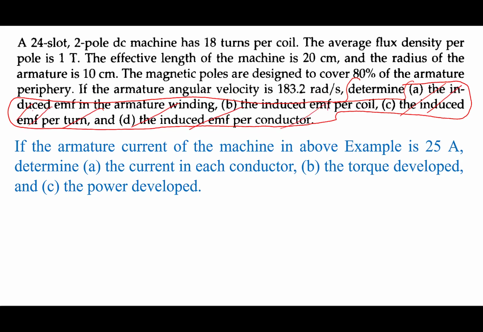Just do the blue color part: if the armature current of the machine in the above example is 25 ampere, determine the current in each conductor, the torque developed and the power developed. Please do it quickly and tell me the answer. Very easy problem. It is also a straightforward problem.